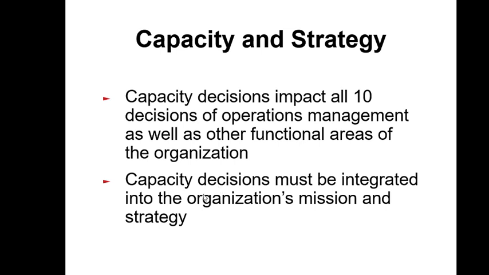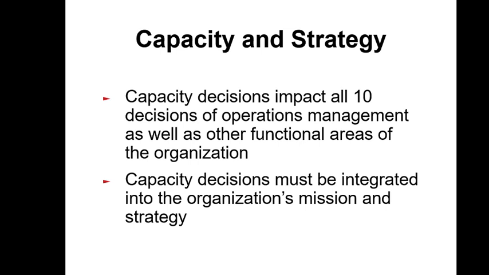Now let's go back to the relationship between capacity decisions and the strategy. You have to make sure that your capacity decisions are integrated with the company mission, strategy, and also the common goals or corporate objectives of the company.